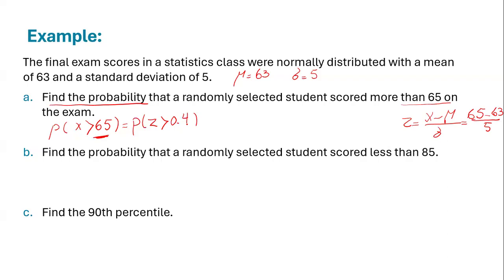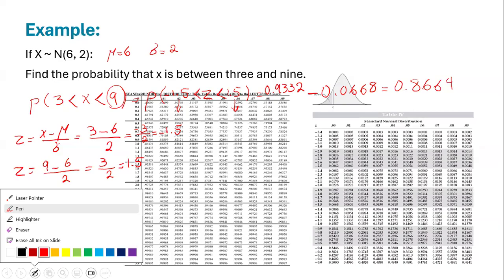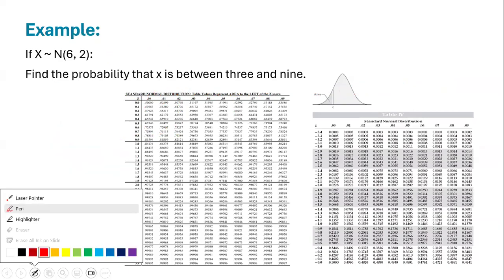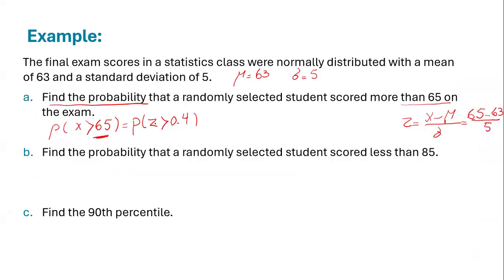Now I can go back to the table, look at the z value of 0.4 and see what area we get. So for 0.4, it's this number, which is 0.6554.